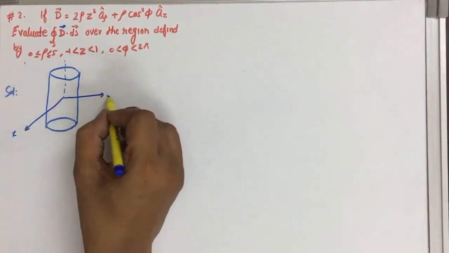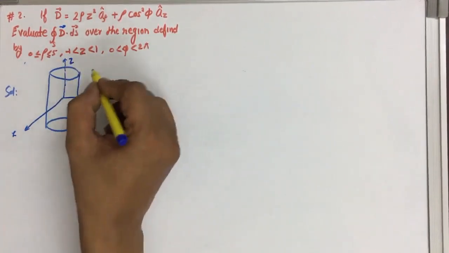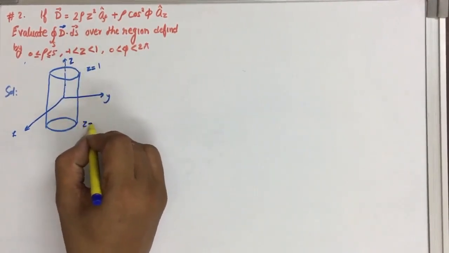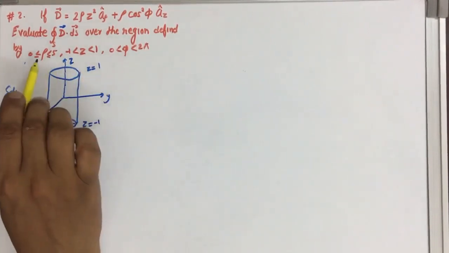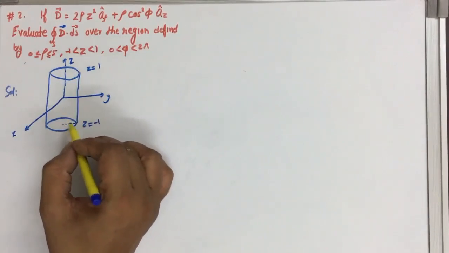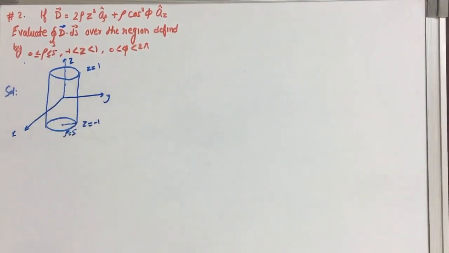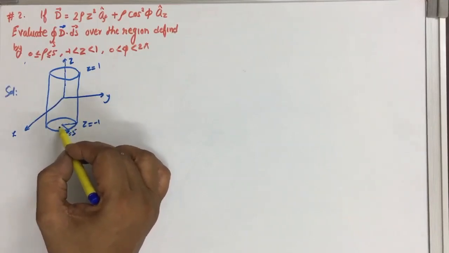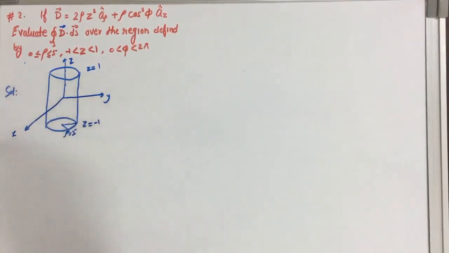It is x, it is y, and this is z. z is equal to 1 and z is equal to minus 1 here. What about rho? Rho is 5. And what about phi? Phi can vary from 0 in the direction of x and vary like that, that is, phi can vary from 0 to 2 pi.